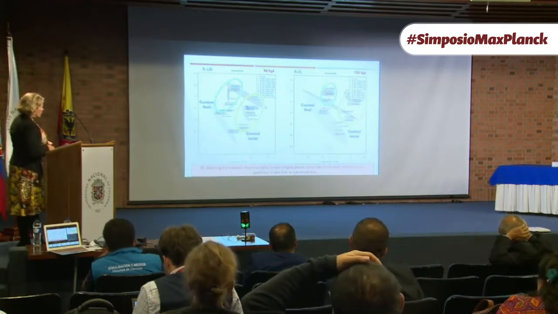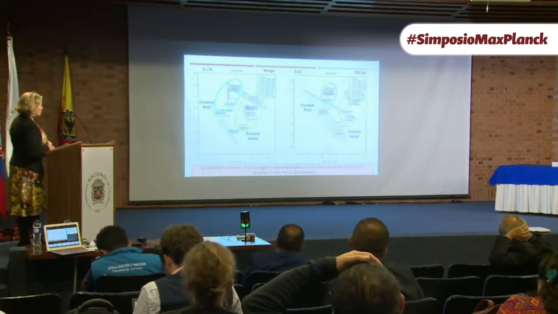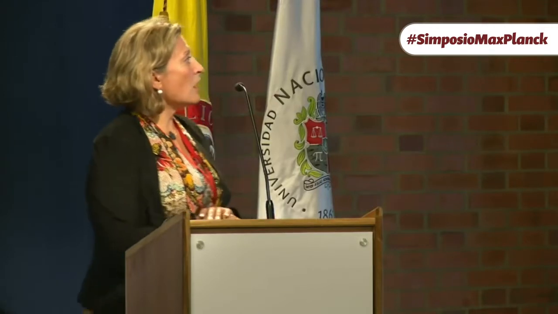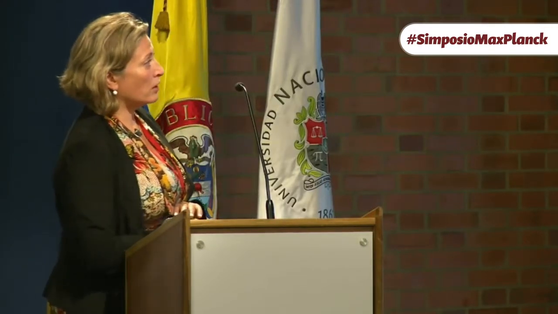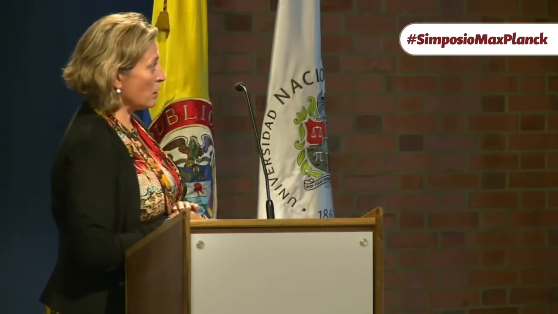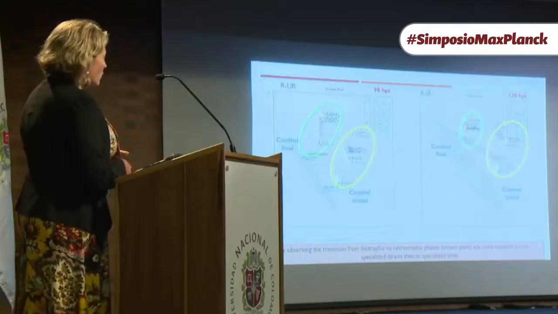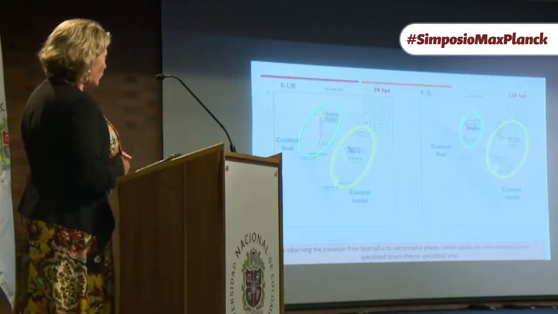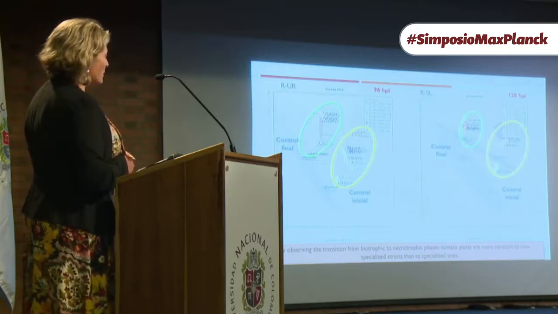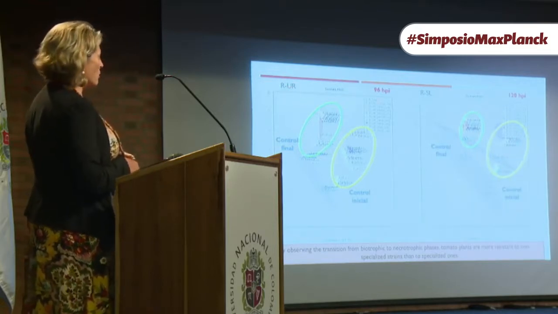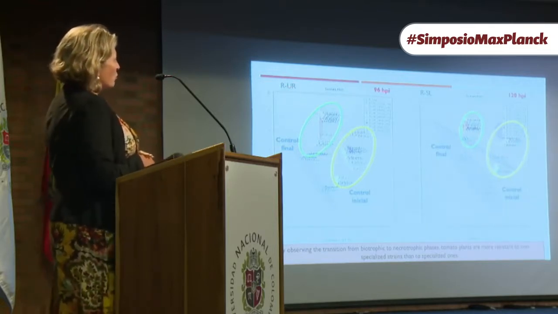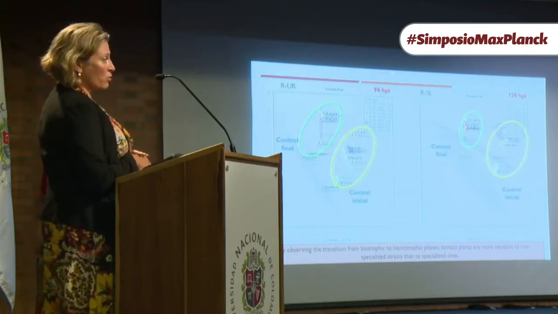Then we used the multivariate analysis here again, and it was possible to see that the 2 different phases of the infection, the biotrophic and the necrotrophic phase, were differentiated. For example, here with the resistant plant and the non-specific phytopathogen, the change occurs at 96 hours post-infection.